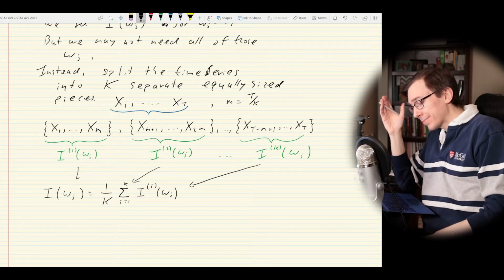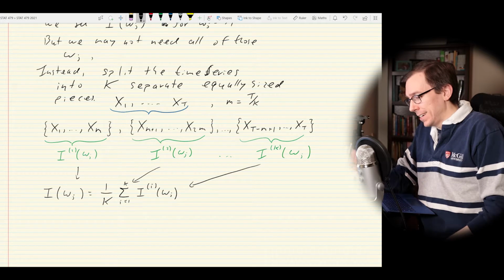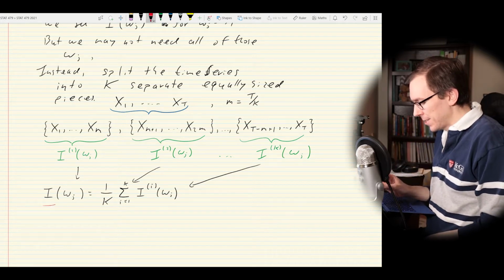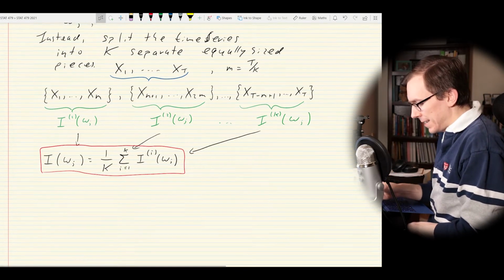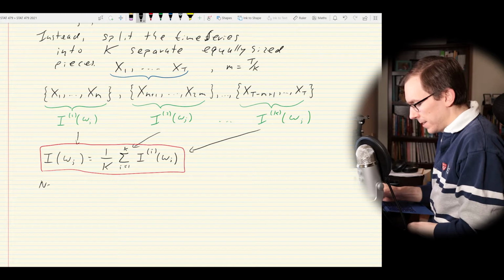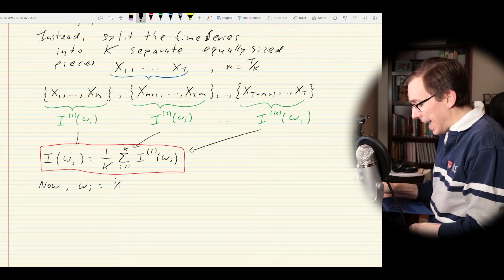Omega j. All right, so what is the effect of using this new estimator via the Bartlett method? Well, the idea is that now omega j is going to be j divided by not capital T, but lowercase m.